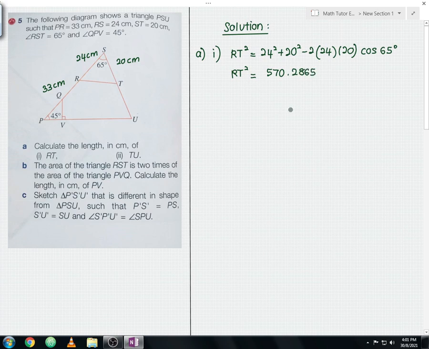Okay, so to find the RT, what we're going to do is square root this value. So from here RT will be equal to square root 570.2865. Okay, let me underline the square root.